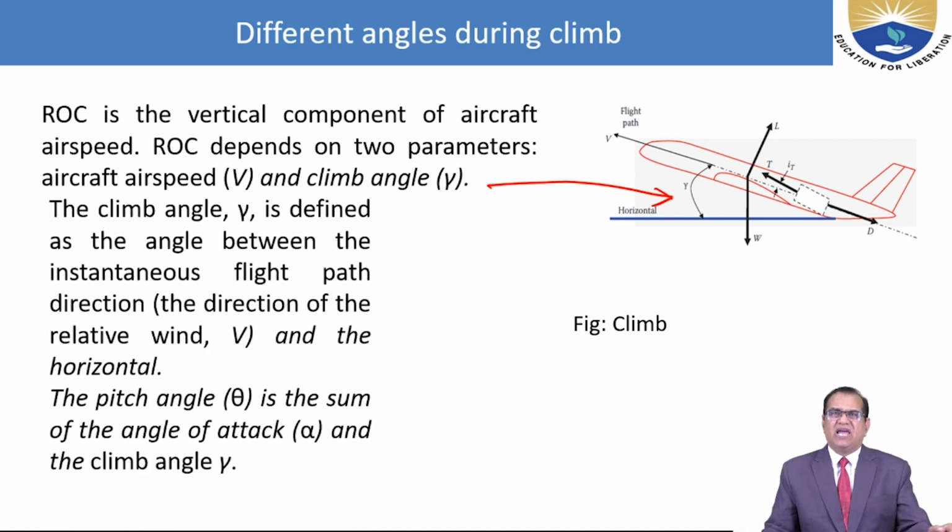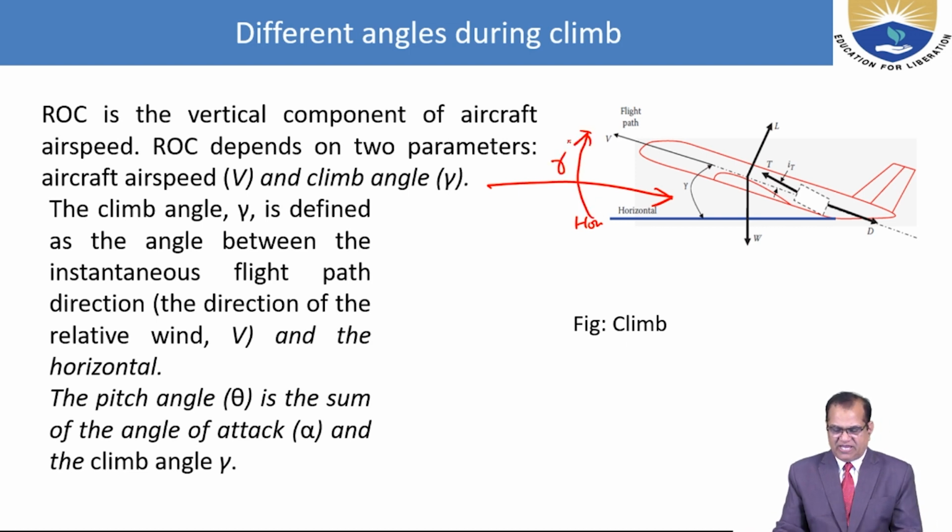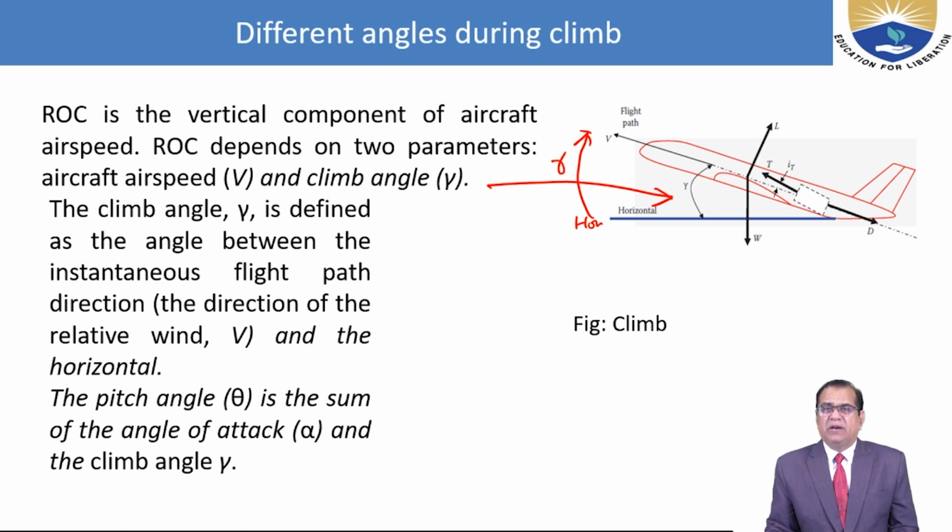The climb angle gamma is defined as the angle between the instantaneous flight path direction, the direction of the relative wind, and the horizontal. So this is the horizontal and this is the relative wind. This angle is called the gamma flight path angle. The pitch angle theta is the sum of the angle of attack and the flight path angle.